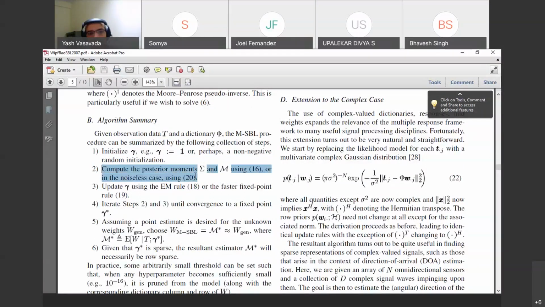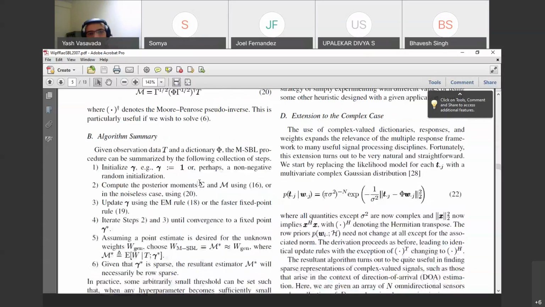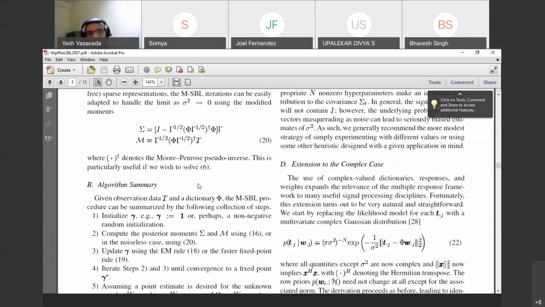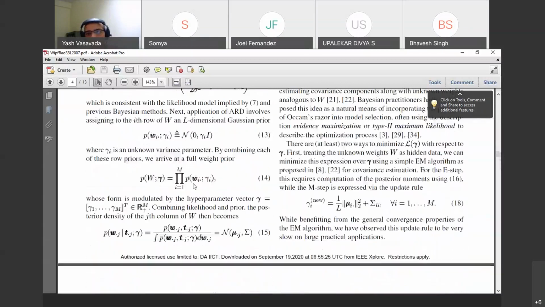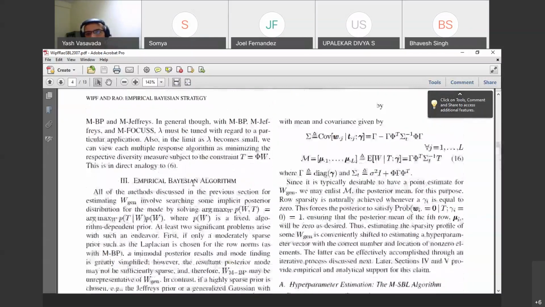This is our step number 2, where there is E step and M step. This sigma matrix is same as our re-estimated RZZ, and so they are saying that this is the equation for that.